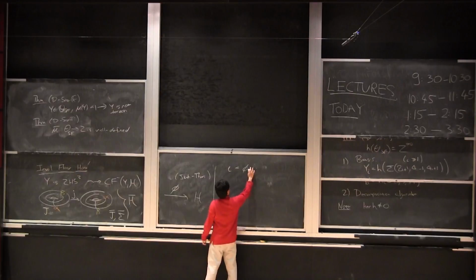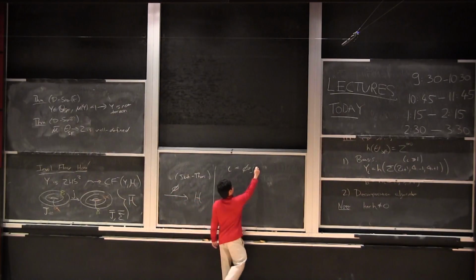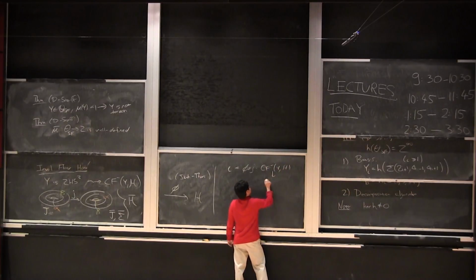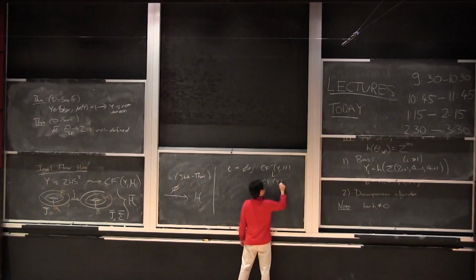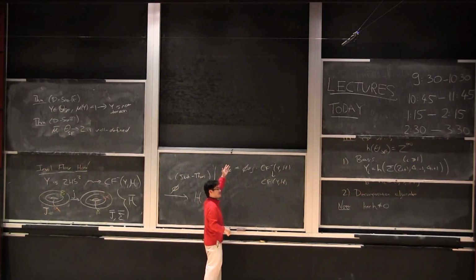So this is something that goes from this complex back to itself, CF minus of Y, h back to CF minus of Y, h. And the idea of involutive Floer homology is exactly that I want to use the additional data of this map here.